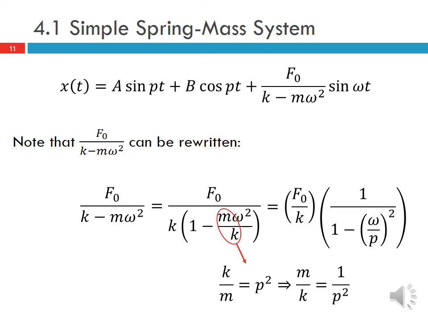The two important quantities that we end up with are f naught over k, which we'll see is the static deflection, and omega over p, which is the ratio of the forcing frequency to the natural frequency. So those are the two important quantities that go into the steady state response.